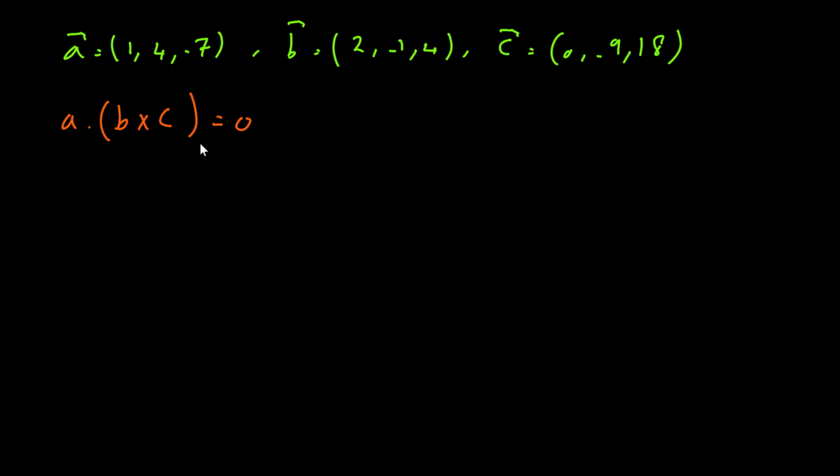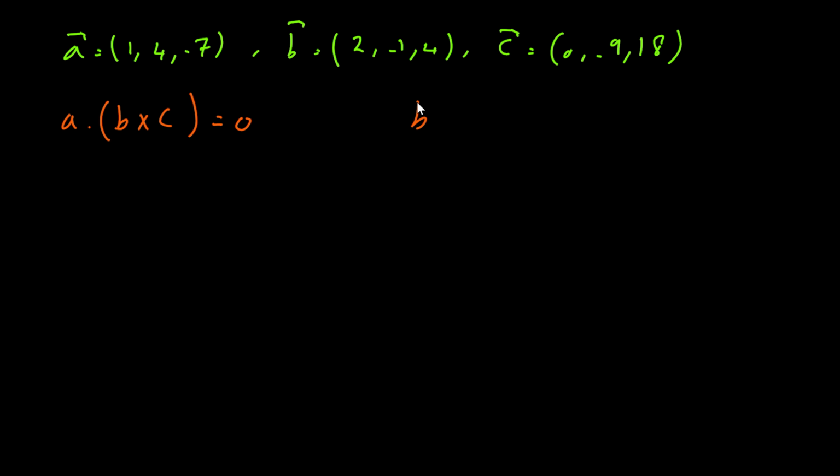If the dot product is equal to 0, that means the angle between the two vectors is equal to 90 degrees. But we said when we take the cross product of two vectors, the third vector is perpendicular to these.